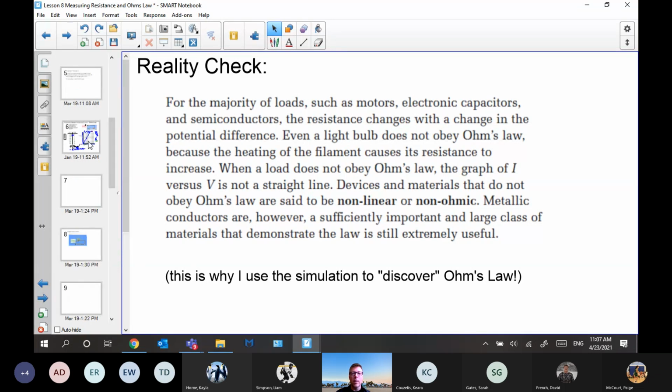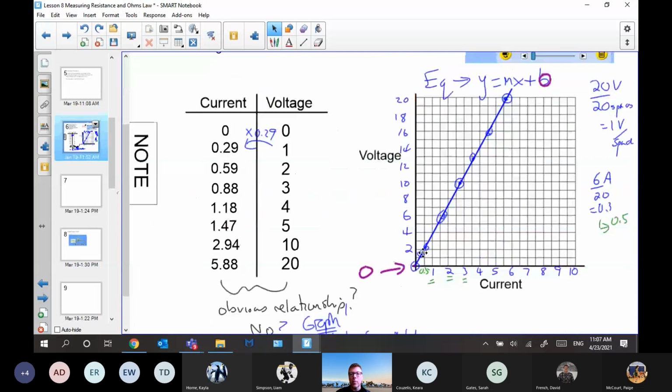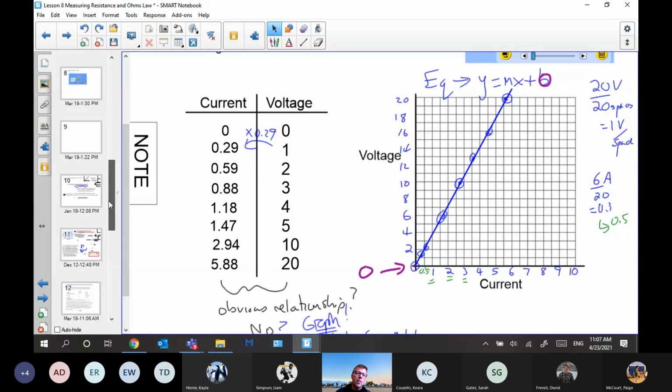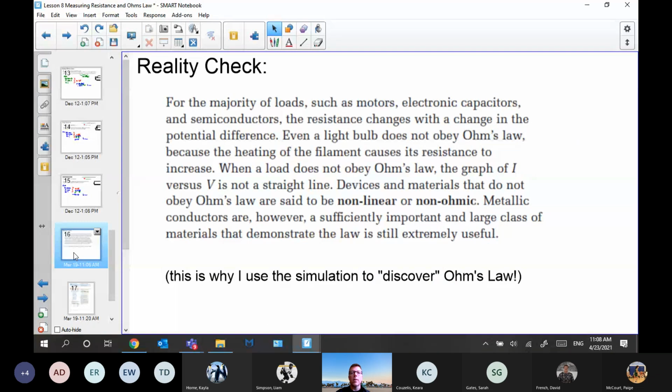So if you don't get a straight line here, that I was desperately trying to get, in real life and measurements, then it's a non-ohmic material, meaning that the resistance doesn't follow Ohm's law perfectly. But lots of conductors do, and it's still an important enough concept that it's extremely useful.